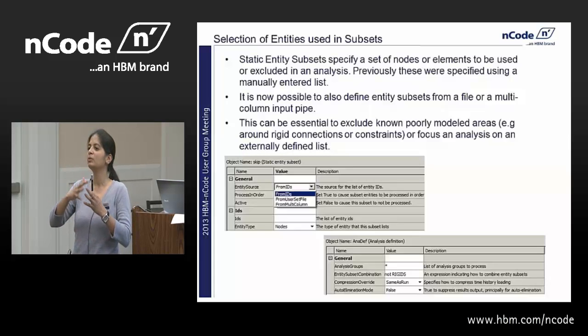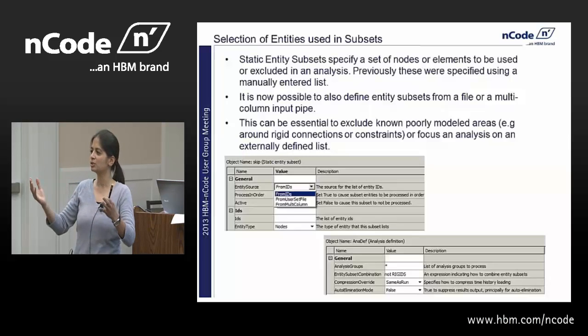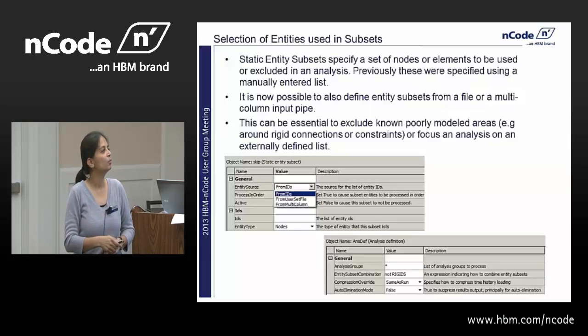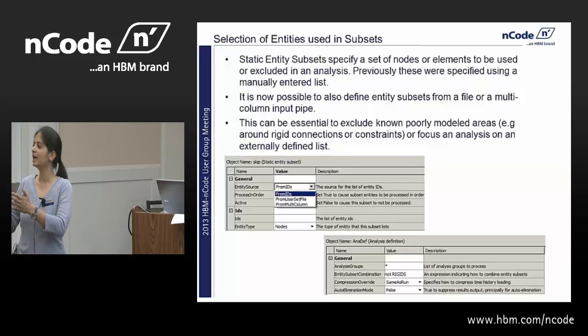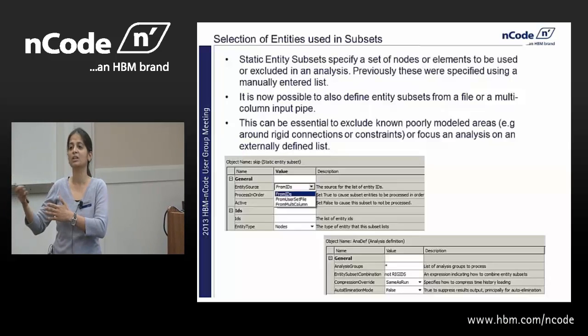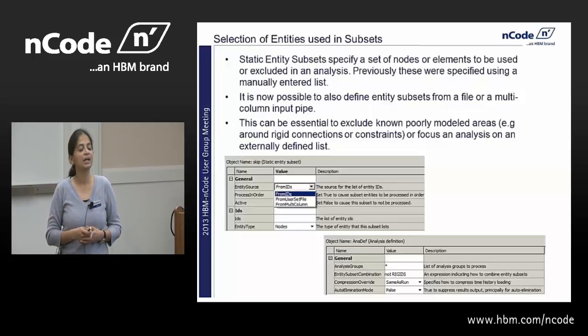So if you have rigid elements on which you're applying a force, and those are attached to nodes where you have very high stress because of the application of the load, what you could do with static entity subsets now is basically create a group, and HyperMesh or any other pre and post can write that out for you as an ASCII file, with a column of the nodes or elements that you want to exclude or include, and then point to them inside this entity source, which is basically a user set file.